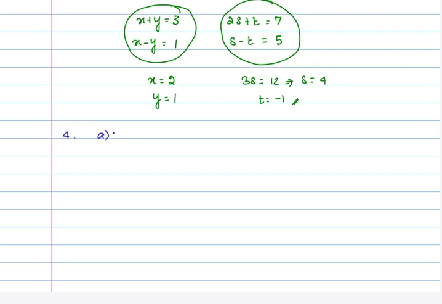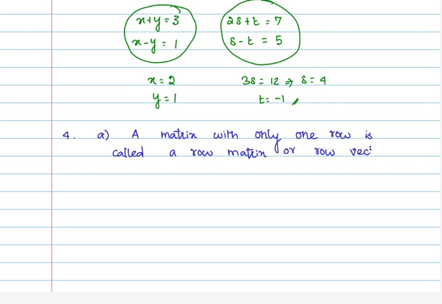First, a matrix with only one row is called a row matrix, or row vector. Mostly everyone prefers the term row vector.